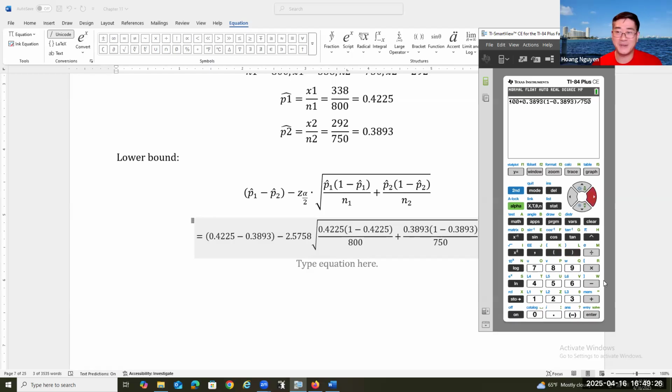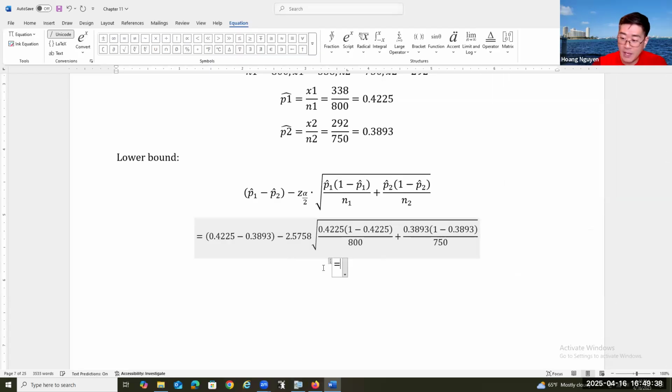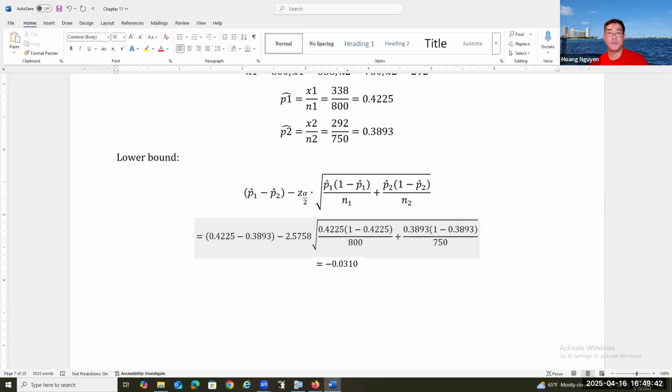Oops, that's a long one. Okay, now let's hit the enter key to get the answer for the lower bound. Okay, so it's going to be negative 0.0310. So that's going to be the answer for the lower bound, negative 0.0310. Okay. Good. That's done with the lower bound.